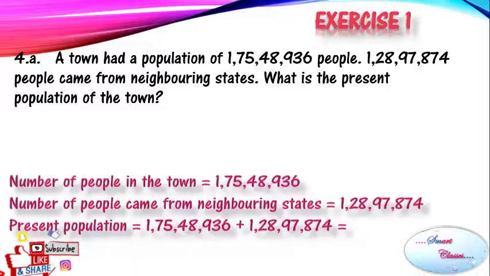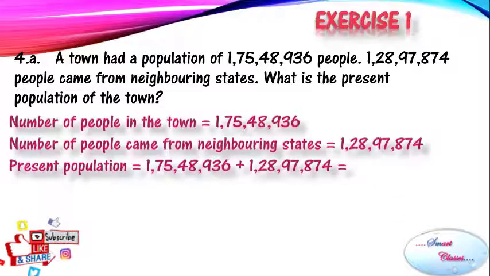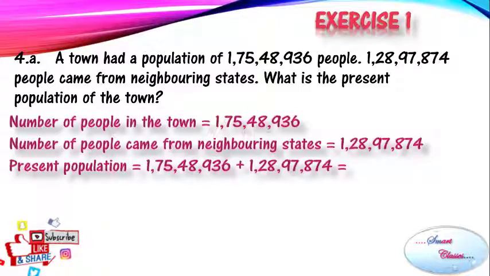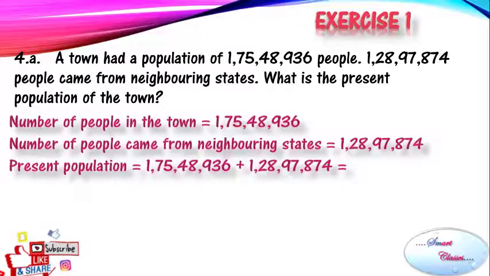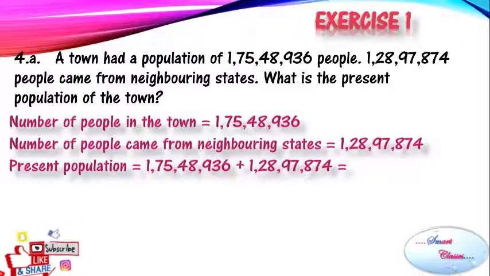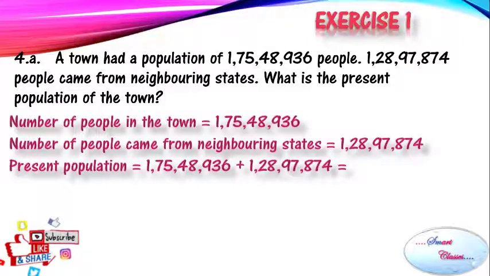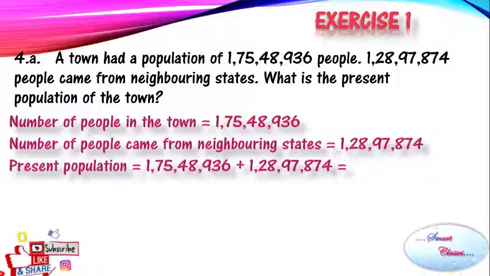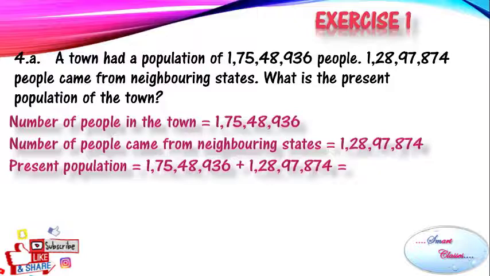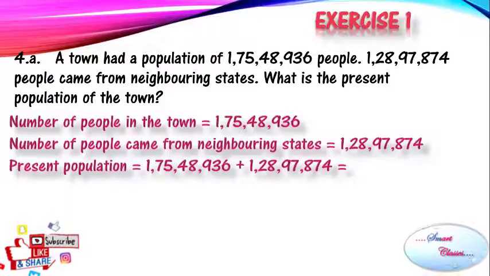We'll write the solution as: number of people in the town is equal to 1,75,48,936. Number of people who came from neighboring states is equal to 1,28,97,874. And now the total number of people, that is the present population of the town.